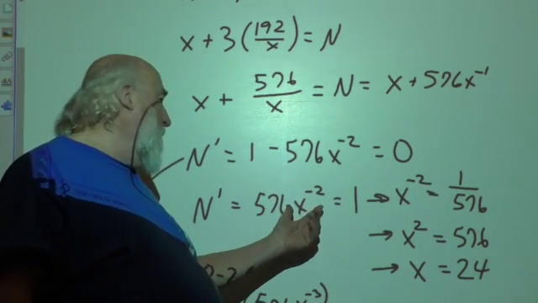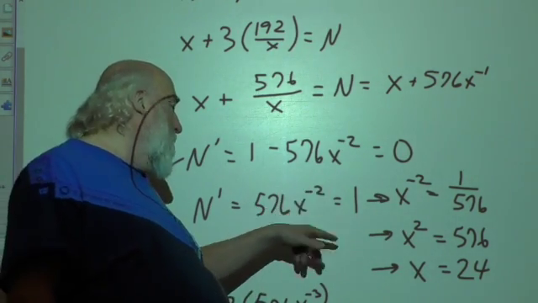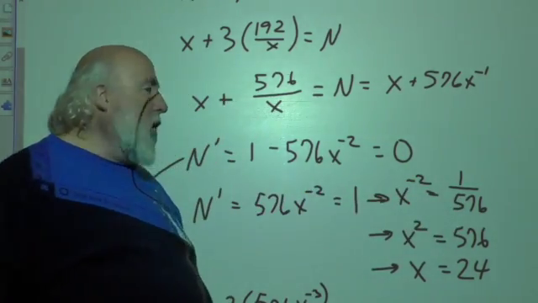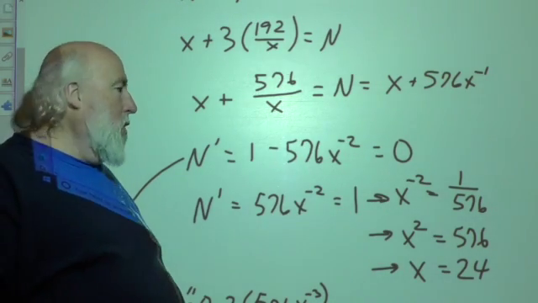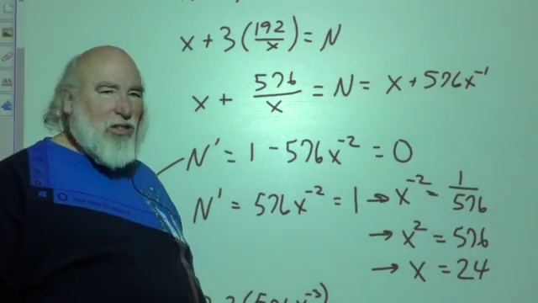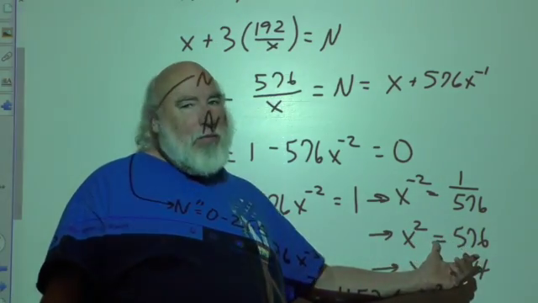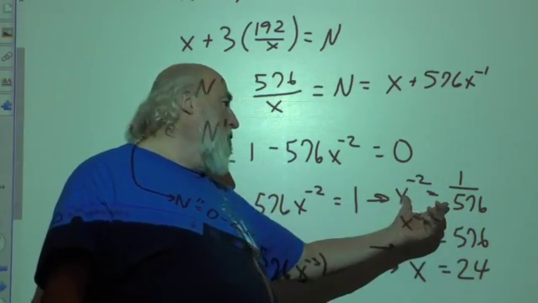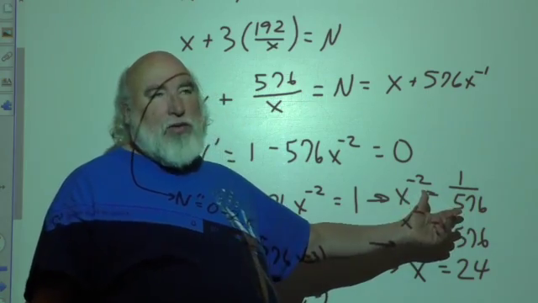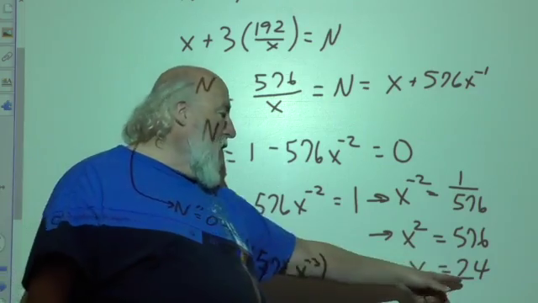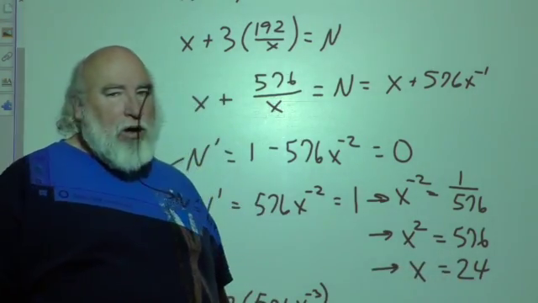If I want to get rid of the negative exponent, I take both sides to the negative 1/2 power. I don't like fractions, I don't like negative exponents, so I just turned it around. This is not necessarily an important step to make. If you take both sides to the power of negative 1/2, everything is good. No matter how you do it, you should get 24 for your answer.